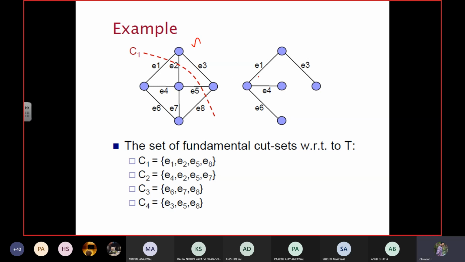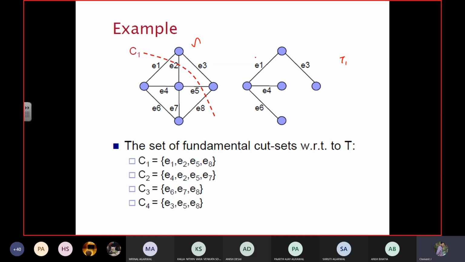This might be the spanning tree of this original graph. By the way, you can draw another shape of that. There will be multiple spanning trees for this graph G. Next, first let us consider this spanning tree T1. For this T1, I can determine fundamental cut sets. How can it be determined? There is a rule to be followed.